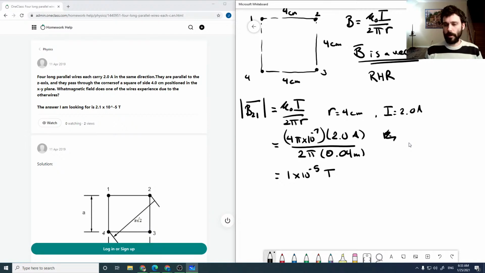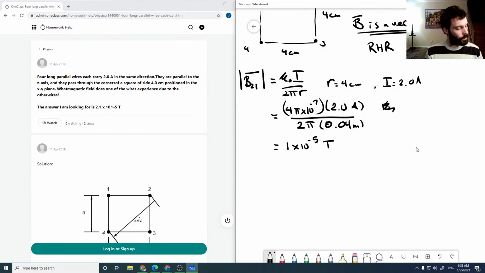So remember that we use the right-hand rule here. So we've got 2, 1, there's our r. And we're talking about from 2 to 1, so we would put our thumb in the direction of the current, and then our fingers would curl in the direction of the B field.